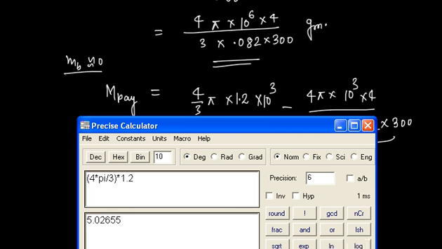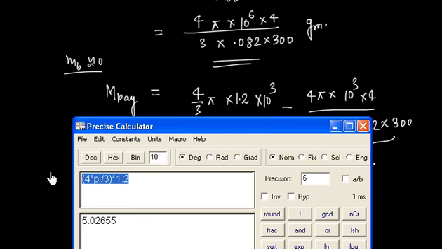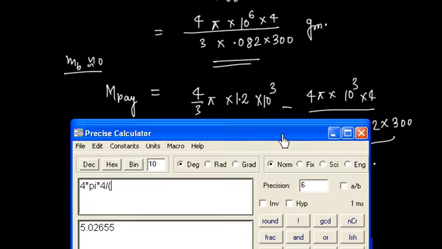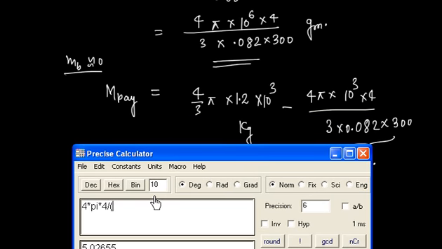Now the next number: 4 into pi into 4, divided by 3 into 0.082 multiplied by 300, and on top we also have 10 to the power 3, so let us multiply by 1000.